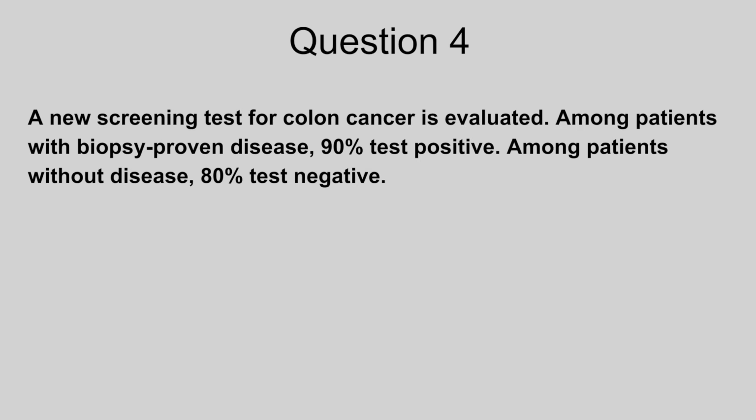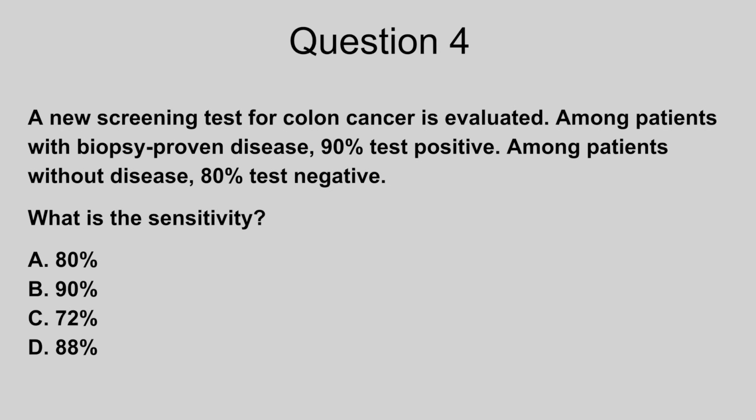Question 4. So a new screening test for colon cancer is evaluated. Among patients with biopsy-proven disease, 90% test positive, and among patients without disease, 80% test negative. So what's the sensitivity here?